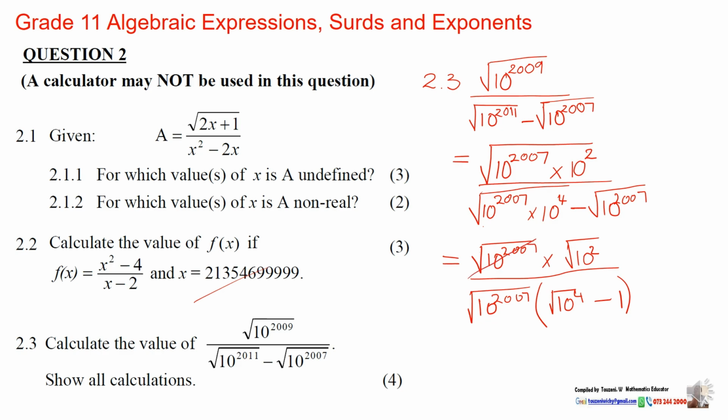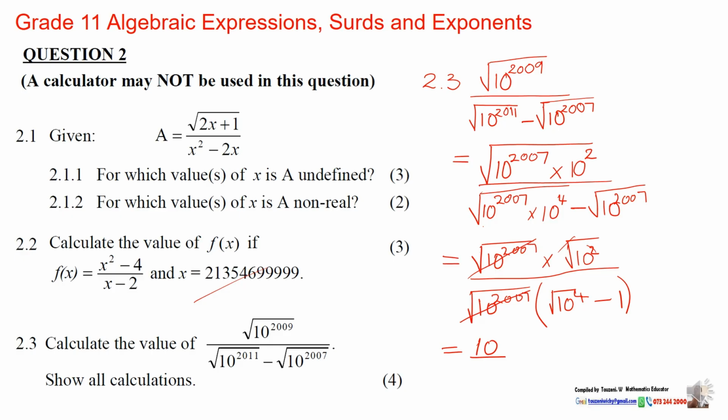This allows me to divide 10 to the power 2007 by 10 to the power 2007. Then I remain with these numbers only to simplify. The square root of 10 squared: a square root and a square simplify each other, so that gives me 10. Then in my denominator, this exponent is 4.